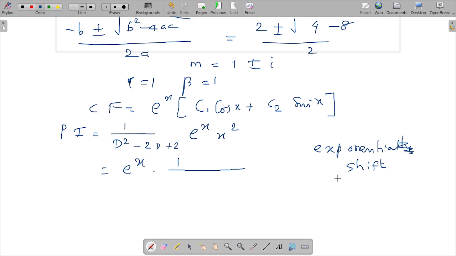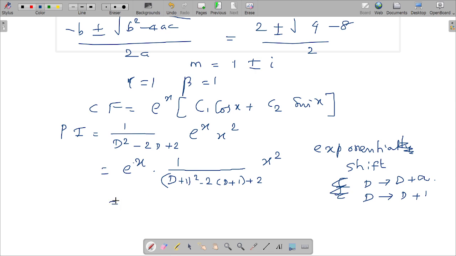In the exponential shift, D tends to D plus a. What is a here? a is 1. So we substitute D tends to D plus 1 in the denominator, and we get (D plus 1) whole square minus 2 (D plus 1) plus 2, acting on x square.